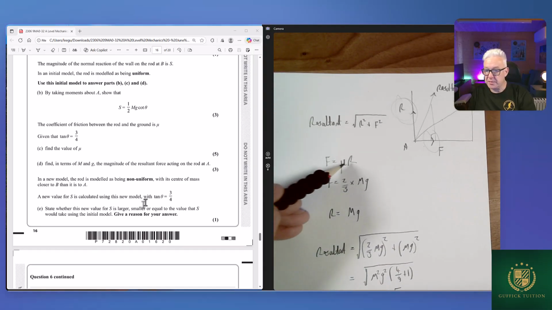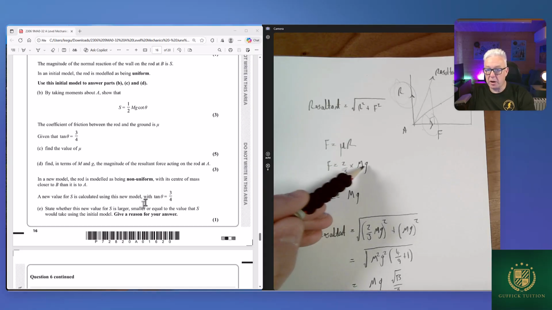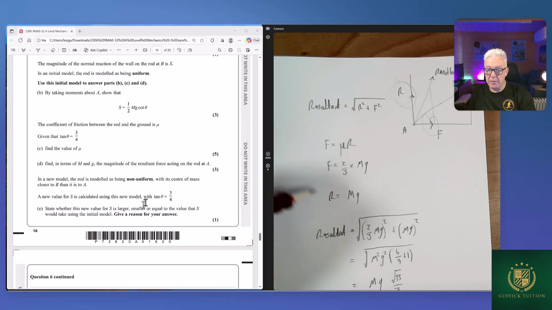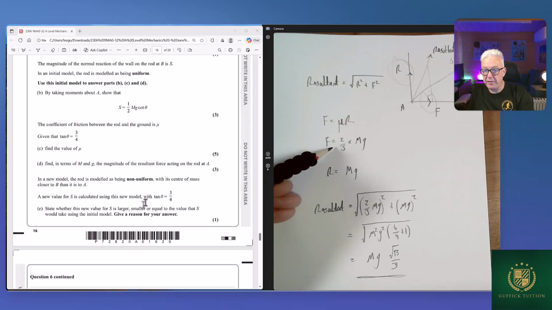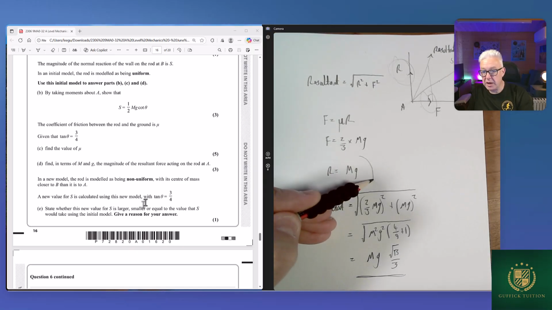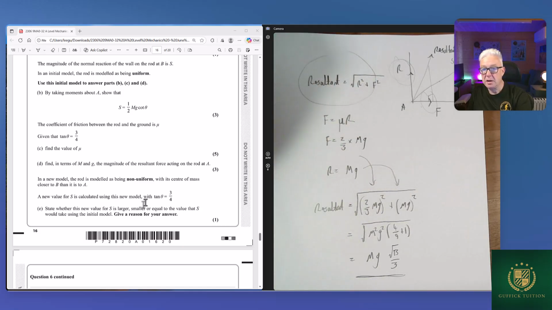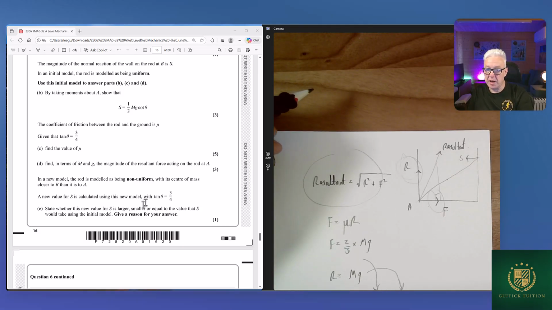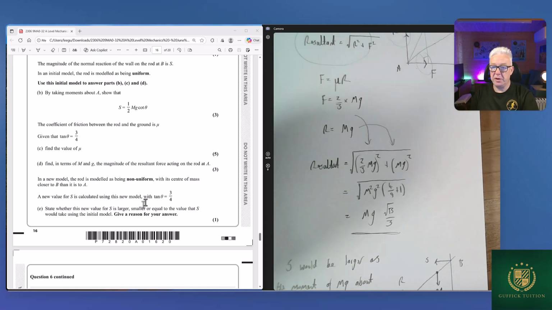Okay, so let's see, what do we know? We know that F is mu R. We know mu now is 2/3, and we know that R is mg. So we can sub in the F and the R into this expression here, that resultant is root of R squared plus F squared. And that gives us our resultant is equal to the square root of (2/3 mg) squared plus (mg) squared.